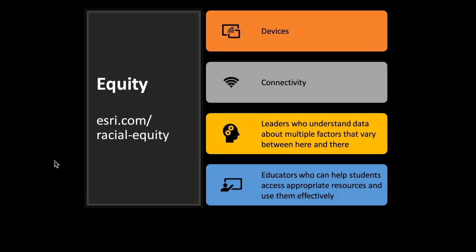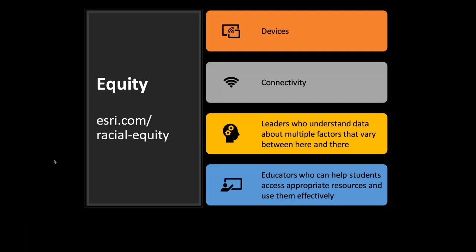Now, one of the things that people have been asking about, especially recently, is, wow, there's a lot of challenges in a lot of places, and this is true. You really need to be thinking about who's got access to devices, especially when you're not at school. Who's got access to connectivity? For those things, it really helps to have leaders in the community who understand data about multiple factors that vary between places.